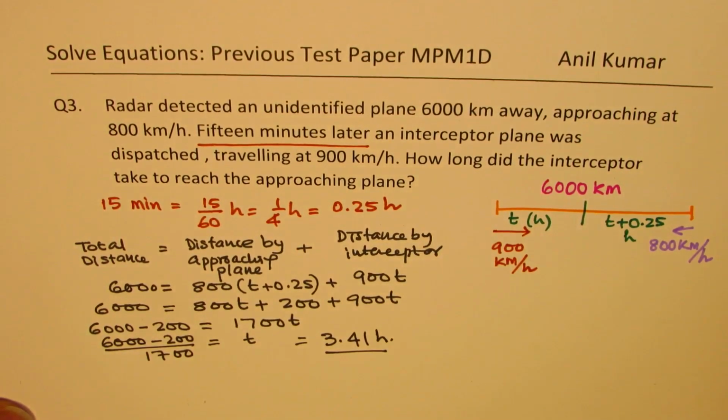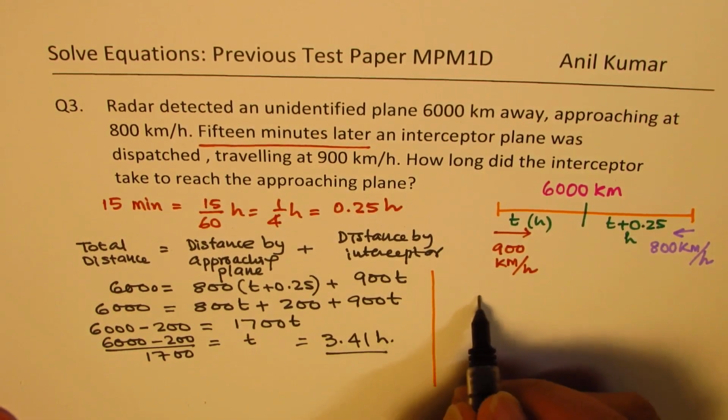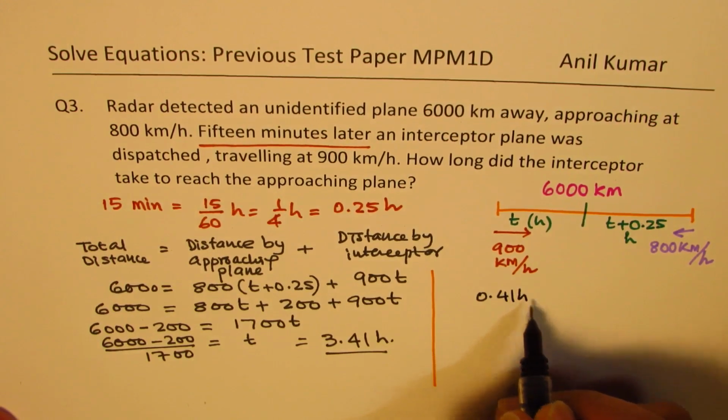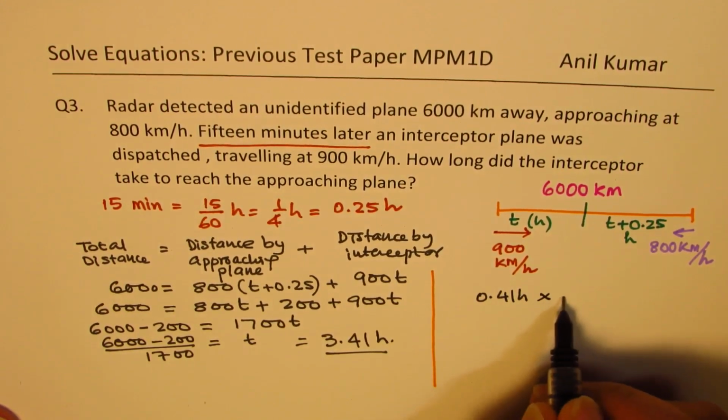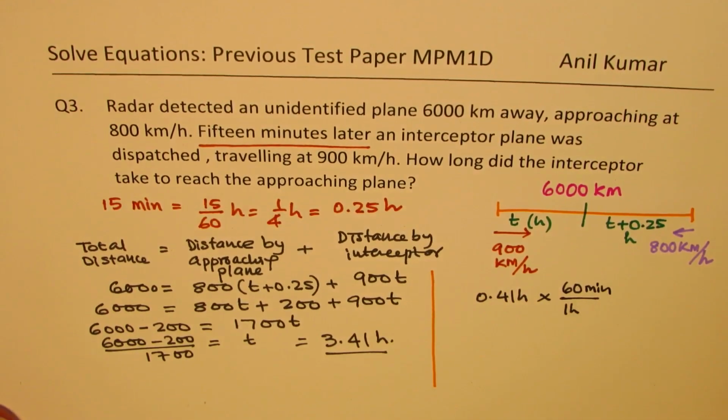Now let us convert this time to hours and minutes. So we have 3 hours and 0.41 hour. We can multiply this by 60, since we know 1 hour is 60 minutes, to get time in minutes.